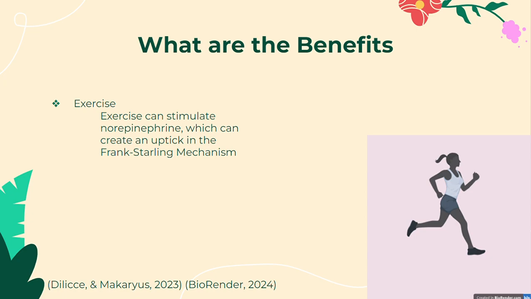Those catecholamines can also result in an upward shift of the Frank-Starling mechanism. So what happens is when these are released, it's going to increase the binding to the myocyte beta-adrenergic receptors.